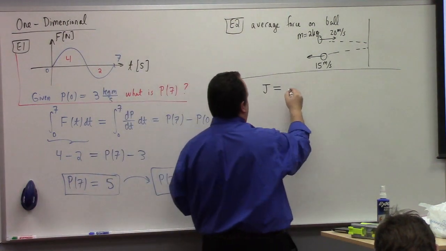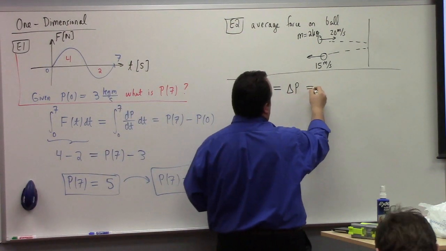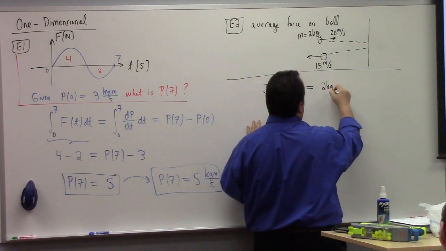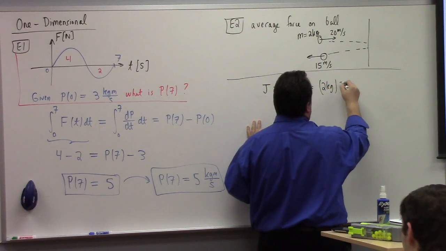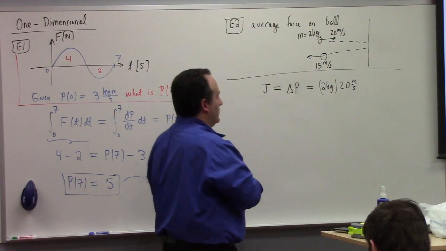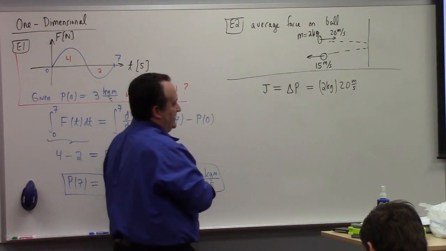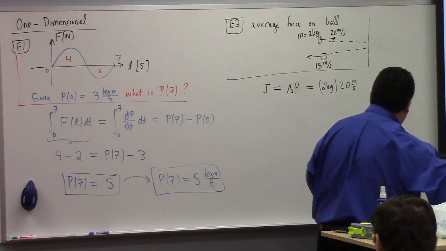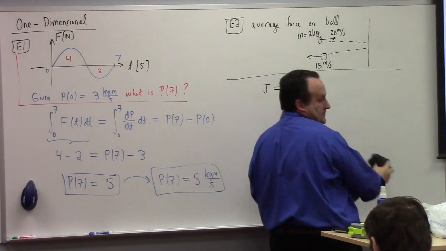So the change in momentum is what? So we've got 2 kilograms times 20 meters per second, right? That's the initial momentum. I want to put the final one first, right? So change is final minus initial, right?